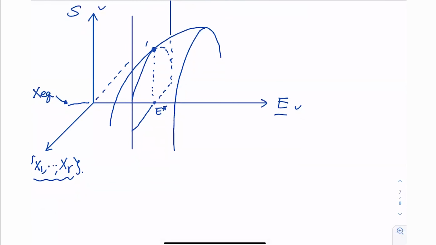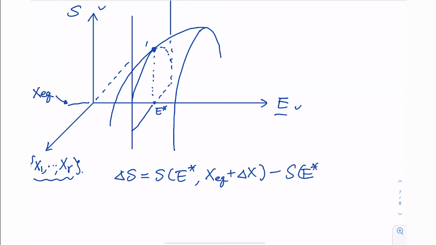So what we mean by that is, if we look at spot 1, the change of entropy at this energy E star, if we move a little bit away from the equilibrium configuration of the rest of the extensive variables, this change will be smaller than 0, because it is the maximum value.